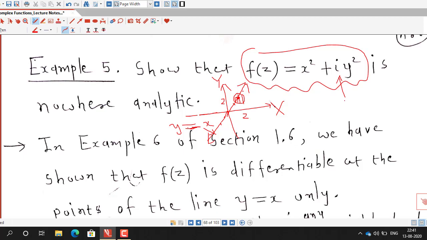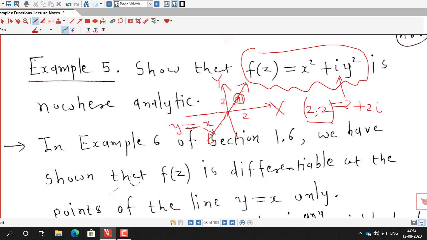This point is on the line y equal to x, and the function is differentiable at this point.